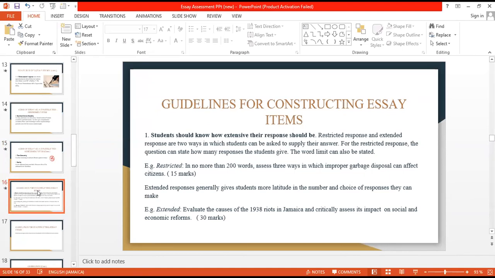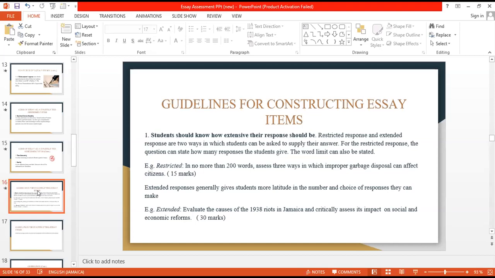Restricted response and extended response are two ways in which students can be asked to supply their answer. For the restricted response, the question can state how many responses the students give. The word limit can also be stated.